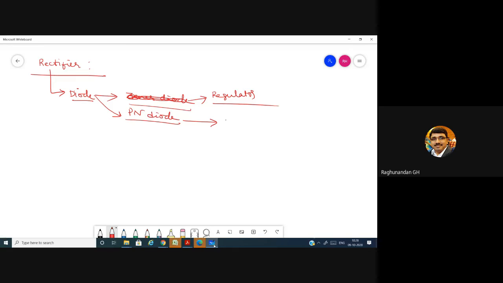In a normal diode, when you make it reverse biased, what will happen if the input voltage crosses the breakdown voltage, VBR?